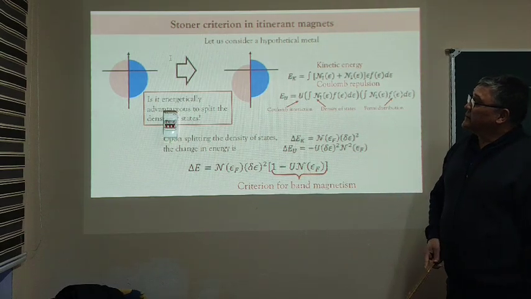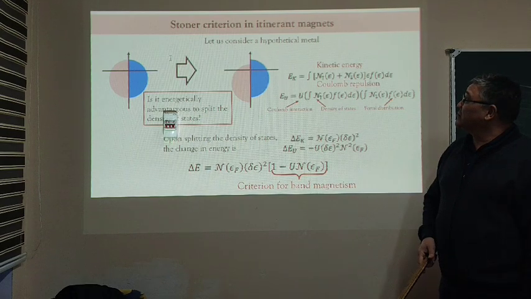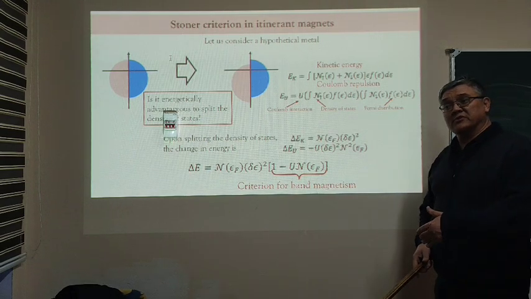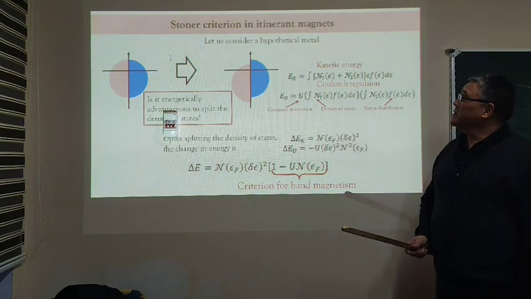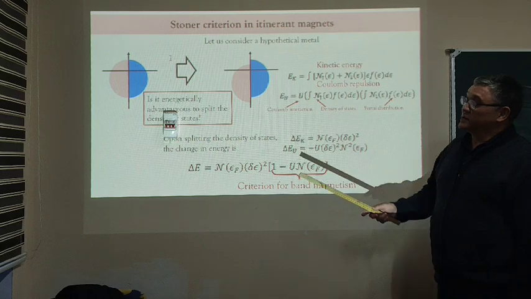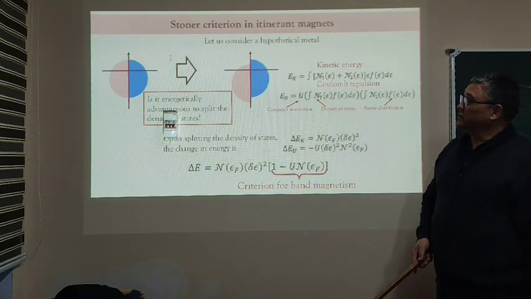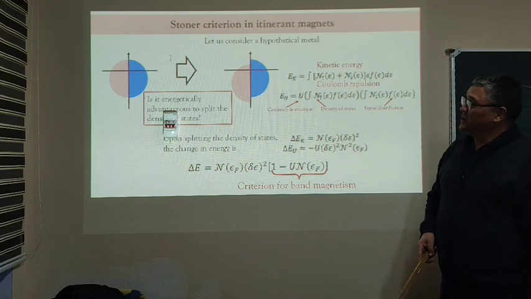Now, itinerant magnets correspond to materials whose magnetism we consider as due to the free electrons. Let's consider a hypothetical metal.